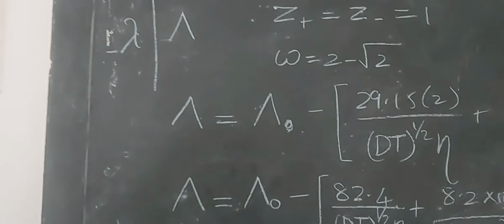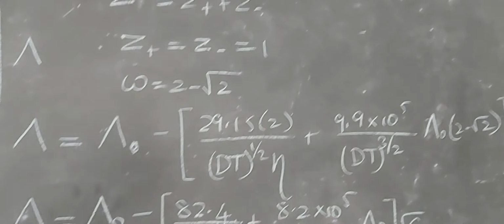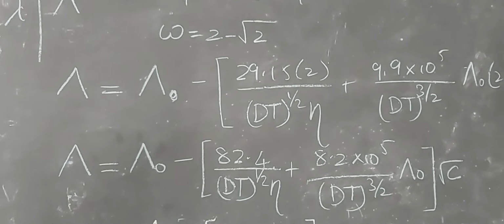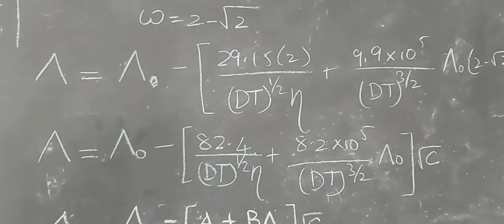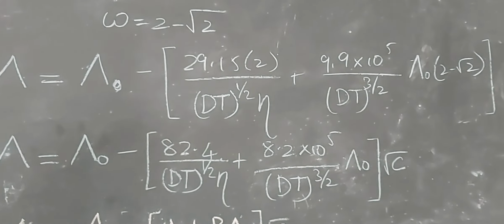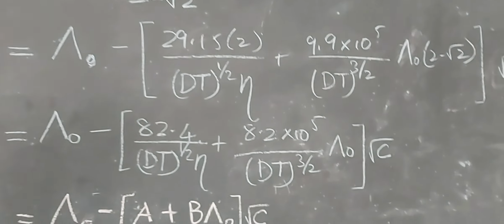Then we are getting the value. After solving this equation, we are getting 82.4 divided by dt whole to the power of 1 by 2 eta plus 8.2 into 10 to the power of 5 divided by dt whole to the power of 3 by 2 into lambda naught into root c.